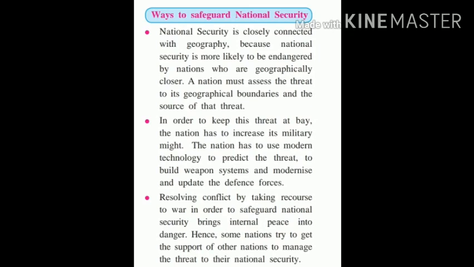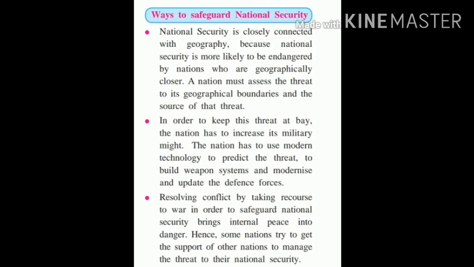Now we are going to see the third way of safeguarding national security. Resolving conflict by taking recourse to war in order to safeguard national security brings internal peace into danger. Hence, some nations try to get the support of other nations to manage the threat to their national security.